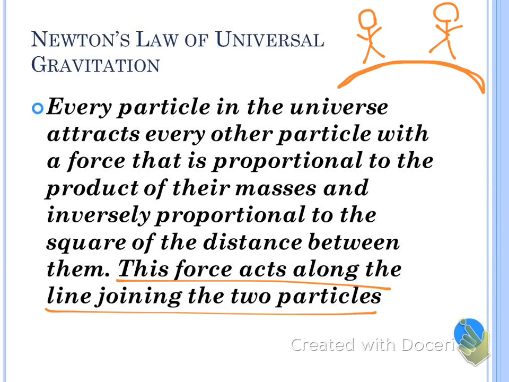However, if I do want to look at the force due to gravity between two objects, the path for our gravitational force doesn't go to the earth and back. It acts in a straight line between those two. So the force acts along a line joining the two particles. So our force due to gravity between these two people would be a straight line, right? If the force was great enough to attract those two objects together, it would be in a straight line. Okay, like a magnet pulling to another magnet.